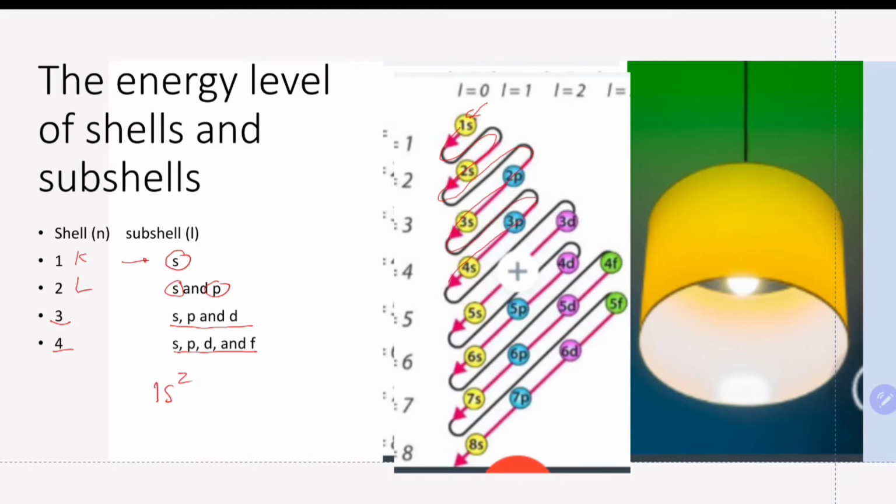So you can write firstly 1s, 2s, 2p, 3s, 3p, 3d. So the order is s, p, d, and f. For s, for p, for d, for f. Like that.